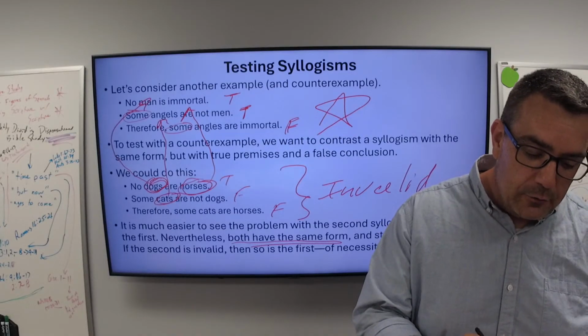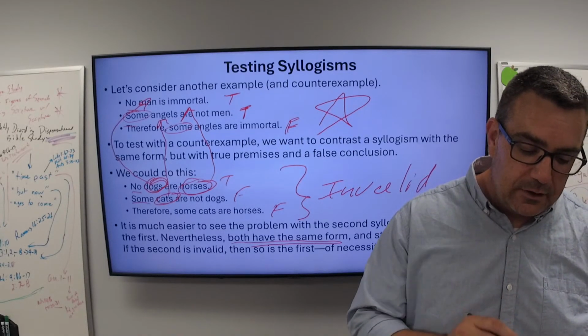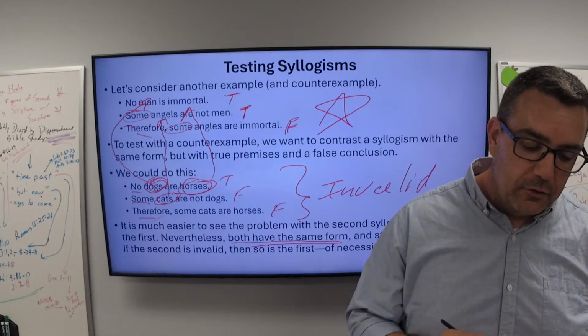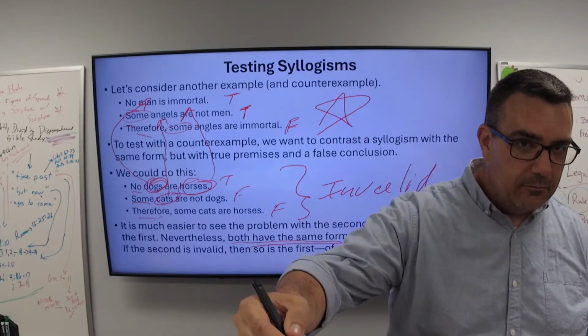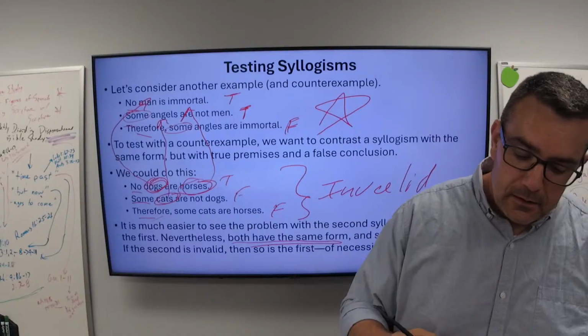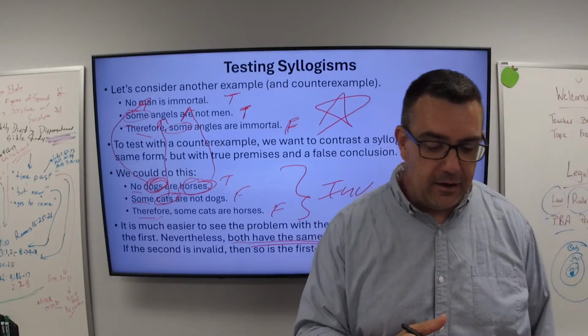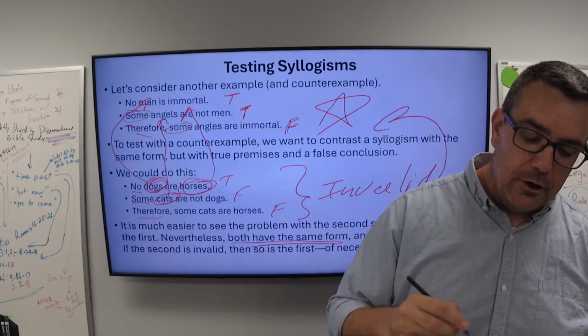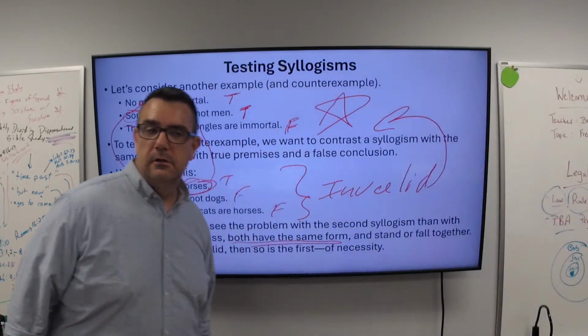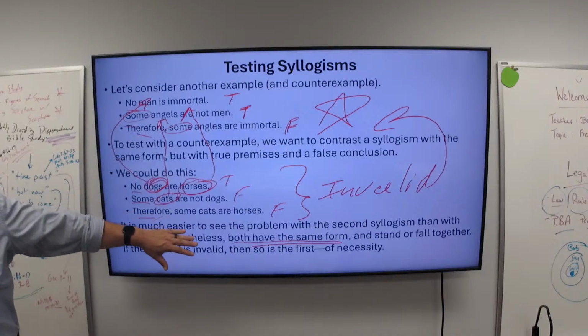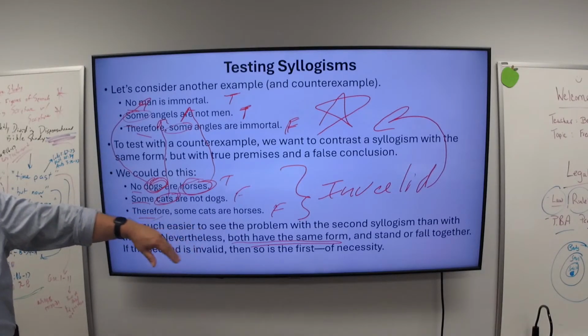No statement, no statement. Some statement, some statement. Therefore, therefore, right? So is the form the same? Okay? So they stand or fall together. If the second is invalid, then so is which one? The first one, because they have the same what? Form.